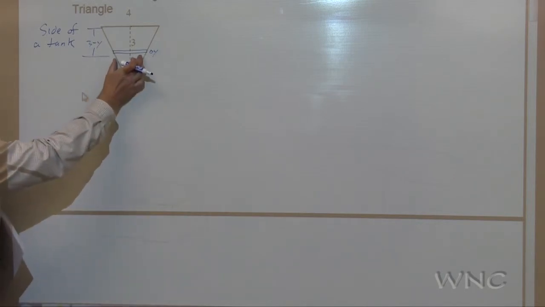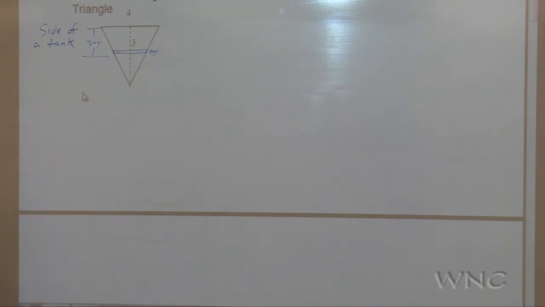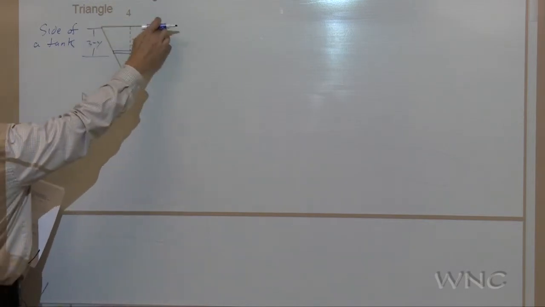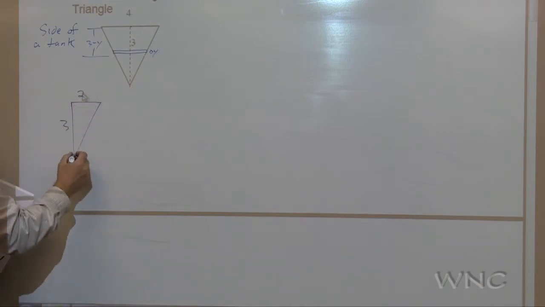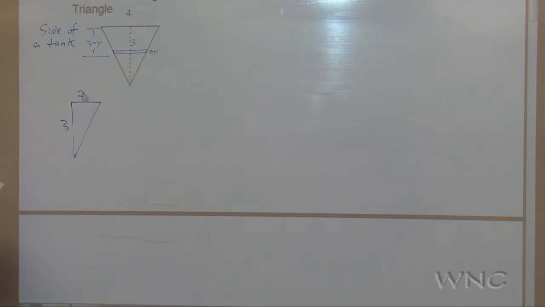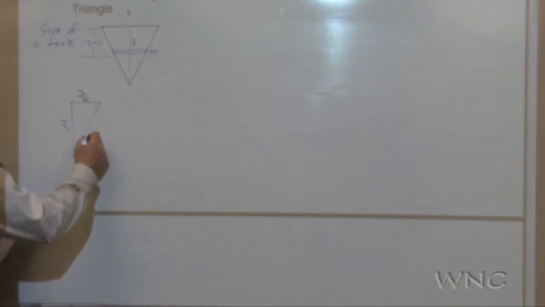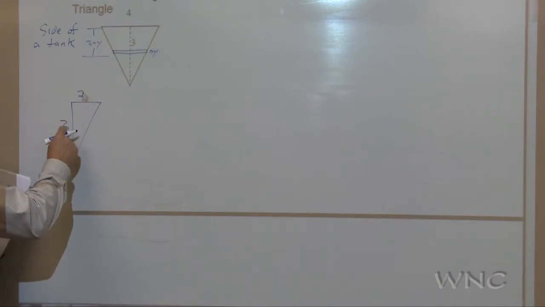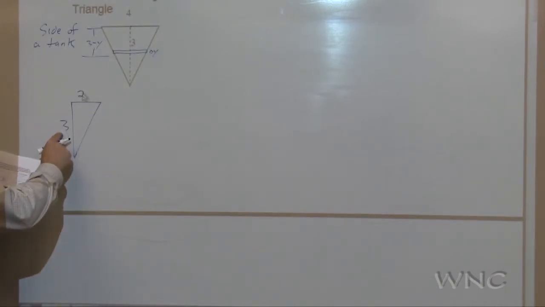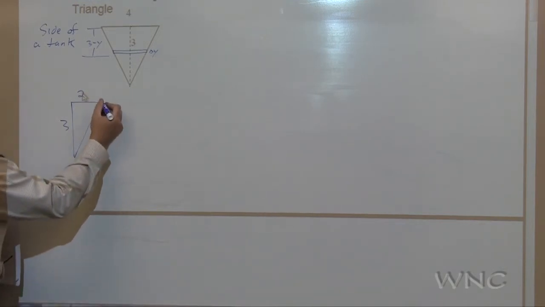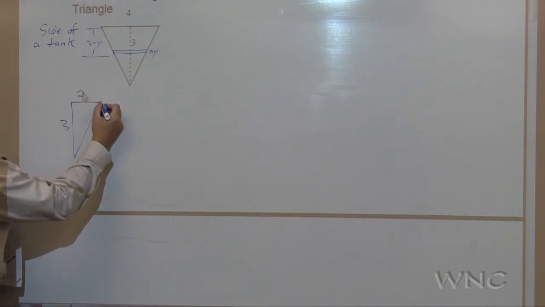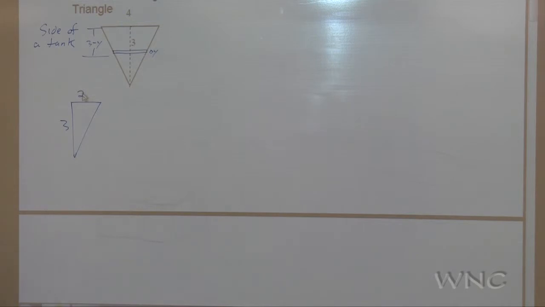What would that width be described as? Well, if we break this down, the whole thing across is 4. If we just go halfway across, this is 2 and this is 3. So this side could be described as rise over run, but I think that's not going to be appropriate.